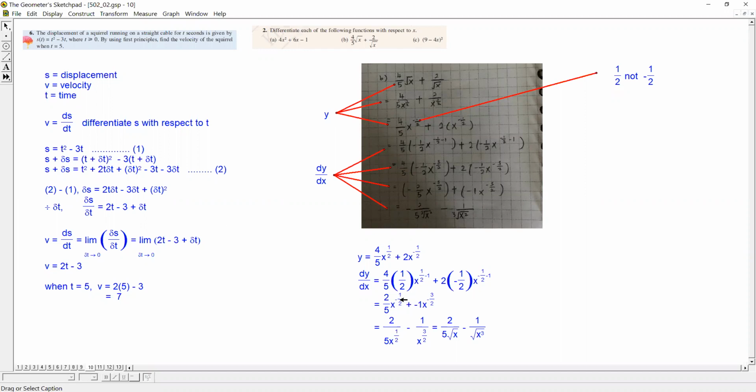From here, after differentiating, you have to put dy dx. Right? So next time from here, half we jump straight to negative half, and negative half straight to negative 3 over 2. I'm not going to show the minus 1 there, because by right you should know how to do it mentally.